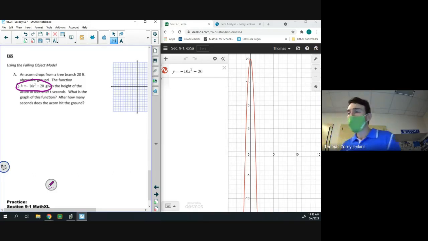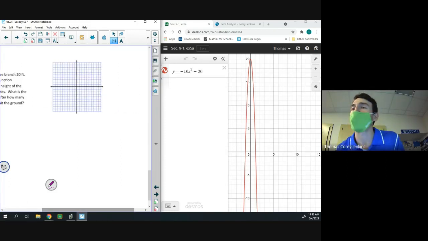All right. So we see a rough graph, and now we're going to dig into the details as far as actually putting something on our graph that makes sense. All right, now this is a word problem, right, where my x-axis is my time axis and my y-axis is my height off the ground axis.